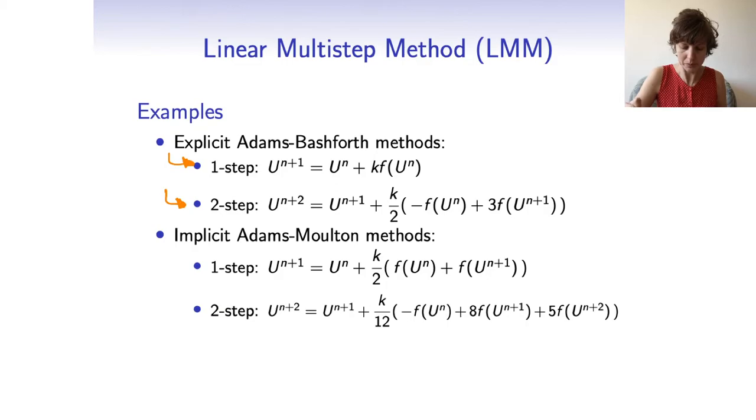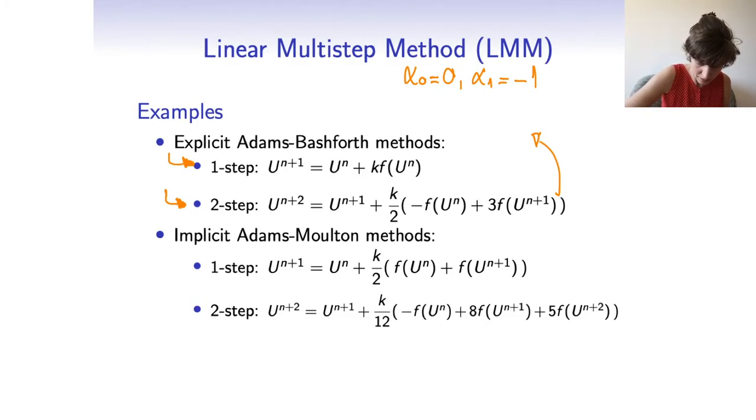So here our alpha 0 equals 0, alpha 1 equals minus 1, okay, because this term here should be on this side, since on the other side we just have terms that are multiplied by k and depend on the function f. And our alpha 2 equals 1.